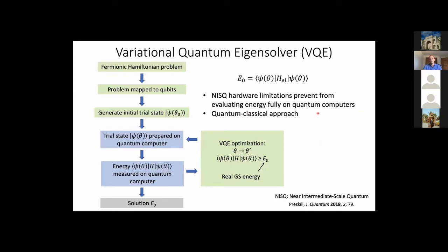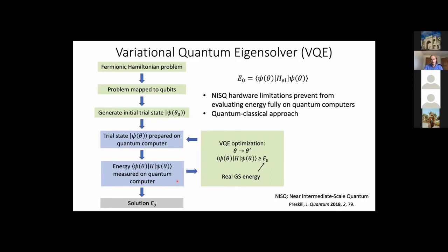Since quantum computers are still in their infancy, we can't really solve it completely on a quantum computer, just because the coherence times are not long enough. The common approach nowadays is the VQE, where we start with a fermionic Hamiltonian, map it to qubits, generate an initial state, prepare it on a quantum computer, and measure the energy.